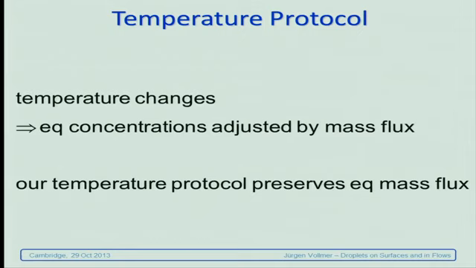What we will do is adjust our temperature protocol in such a way that the equilibrium mass flux is preserved. The response of the system can be anything. It can be a highly time varying mass flux, but I take my temperature protocol in such a way that, when I would immediately relax and keep my system in equilibrium, the mass flux that I need for that is a constant. So that's what I do. It's not what the cloud will do, but this is what I do in my experiments now.